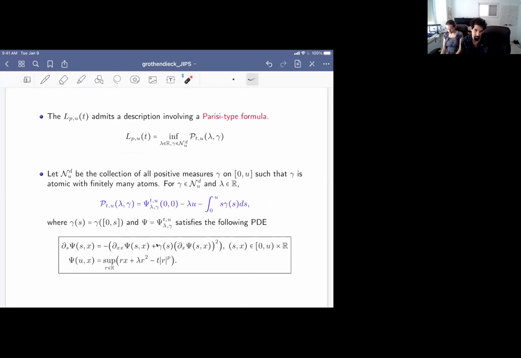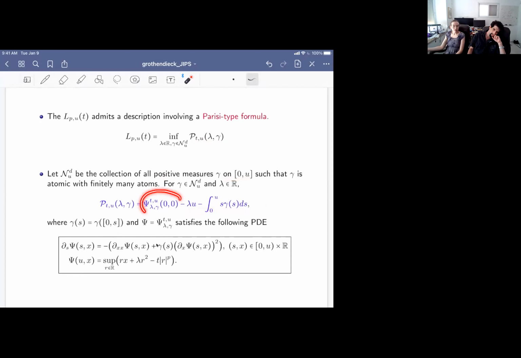Okay, so this is the limit of the restricted Lagrangian function. This is the infimum of a functional, and the infimum is over two parameters, lambda and gamma. Lambda is a real number. Gamma is a positive measure on the interval 0 to u, such that gamma is atomic with finitely many atoms. And what is this functional? Well, this functional depends on t and u, which are fixed. It has three terms. The second and third terms are linear, so these are harmless terms.